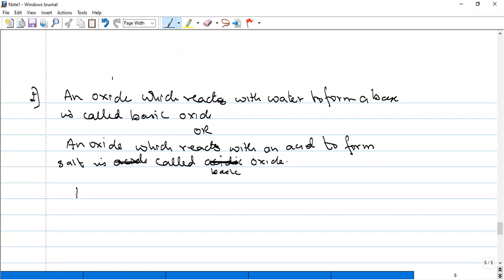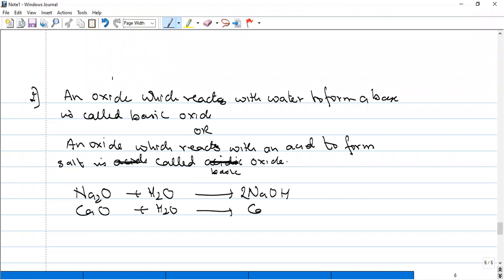Example, sodium oxide reacts with water. You get sodium hydroxide. Calcium oxide reacts with water. We get calcium hydroxide.